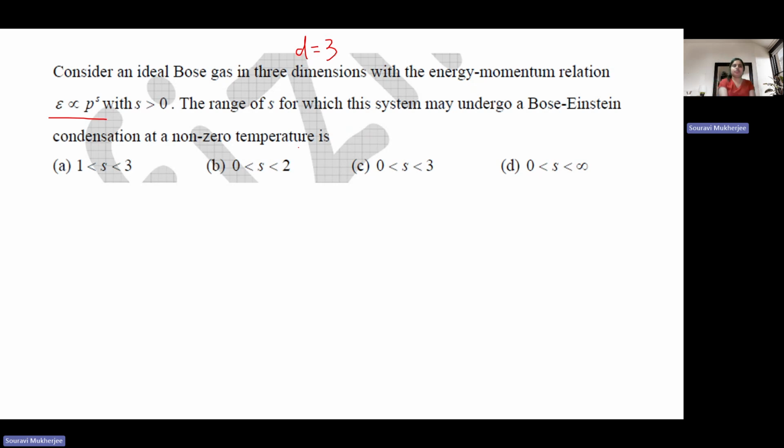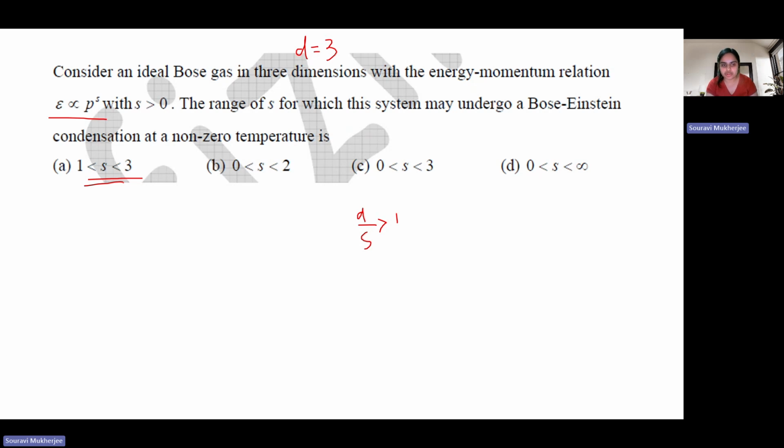Again, you can use the relation that D by S should be greater than 1. So what is this telling you? S should be less than D. So in 3 dimensions, your S should vary from 1 to 2. It should be less than 3. So S should take up this value.